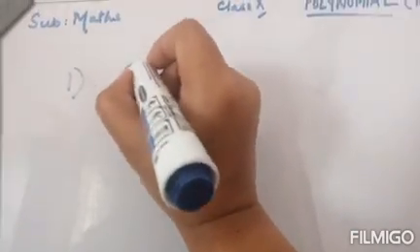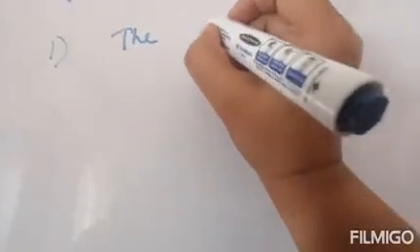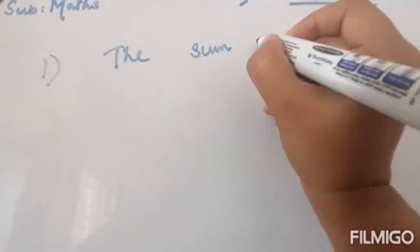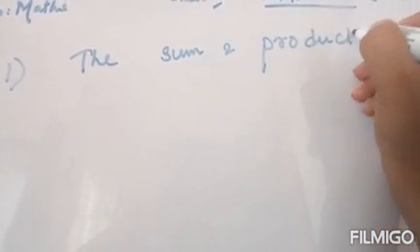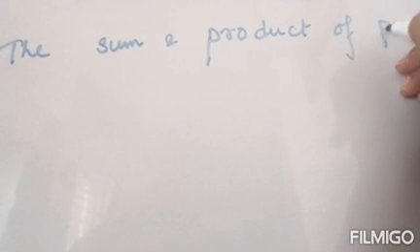One question is given as the sum and product of the zeros of a polynomial.